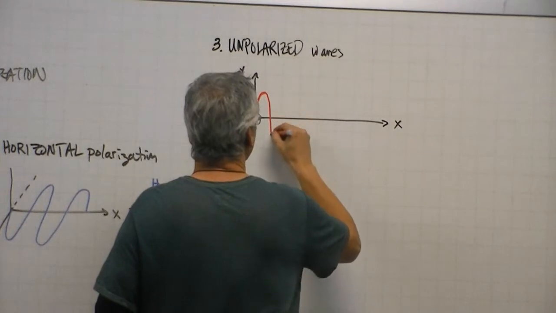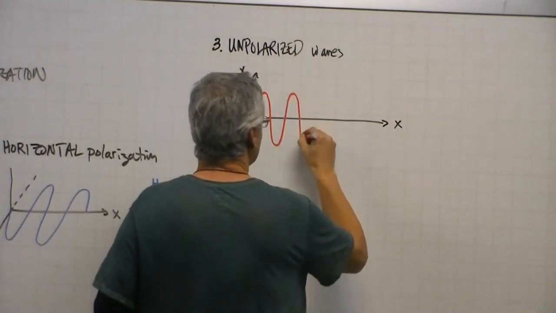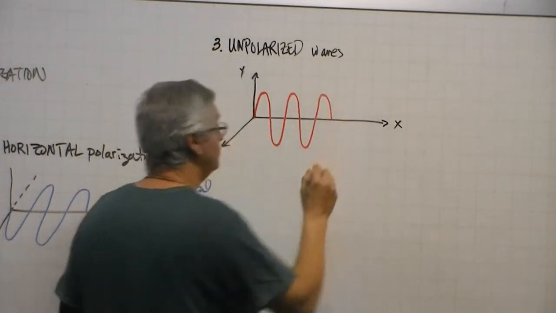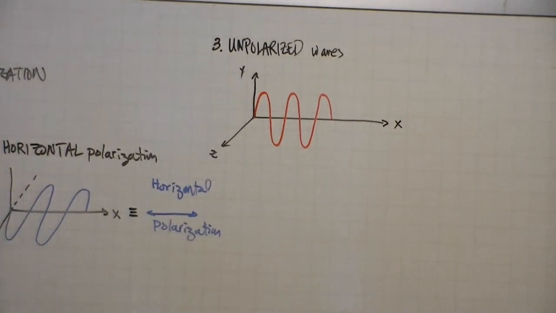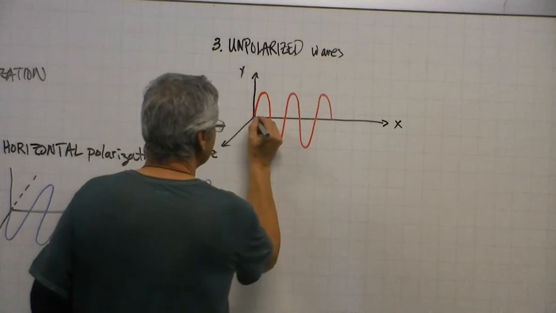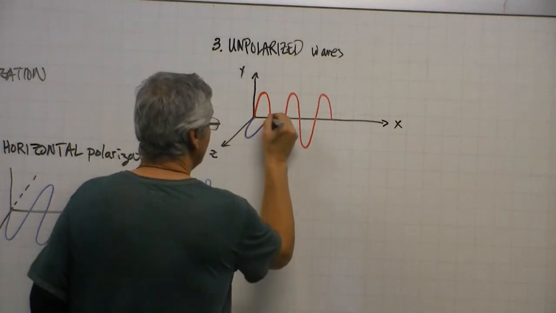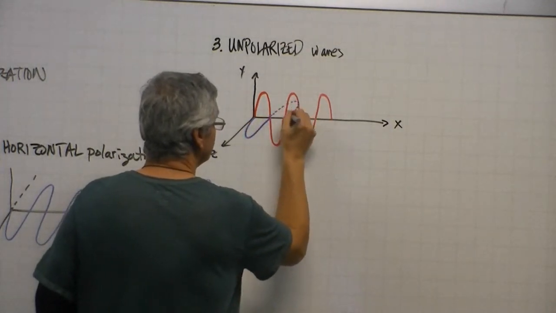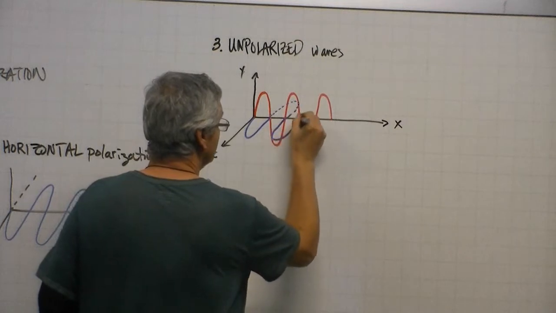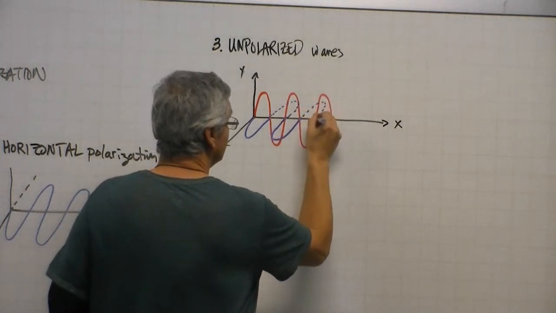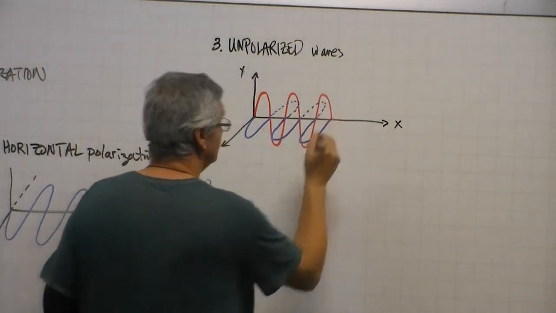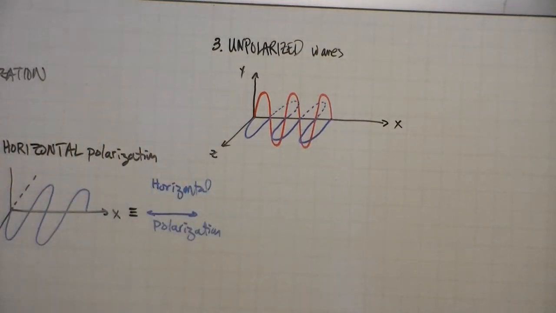It's coming up like this and down. Now I need my blue wave that has to be in the z-axis. And so when I draw that, you're seeing that the wave comes out like this, and then it goes into the board, and then comes back, and then it's doing this type of thing. And you can see that this is very hard to visualize when you're actually seeing this.